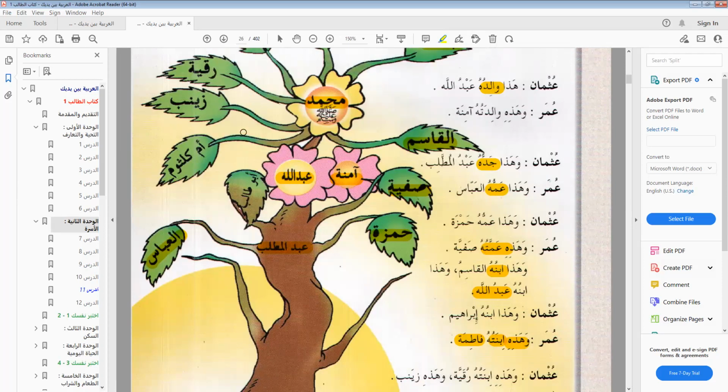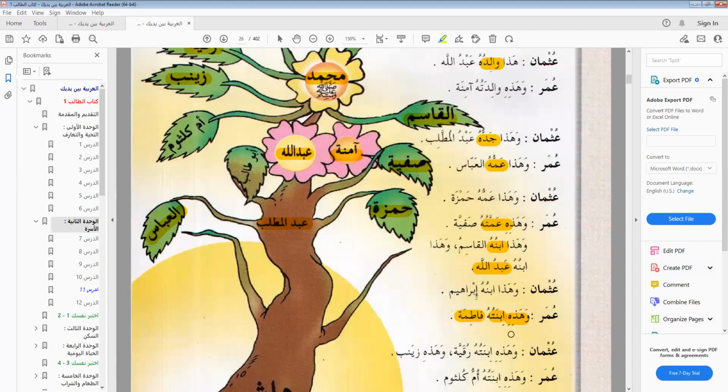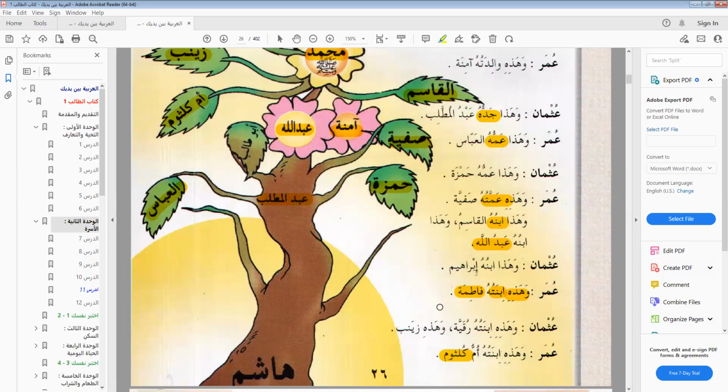So this is Ruqayya on the tree. And Wahadhihi Zainab. And this is Zainab. Then we have the last, Kulthum. Wahadhihi ibnatuhu Kulthum. This is Kulthum. Then we have what else?